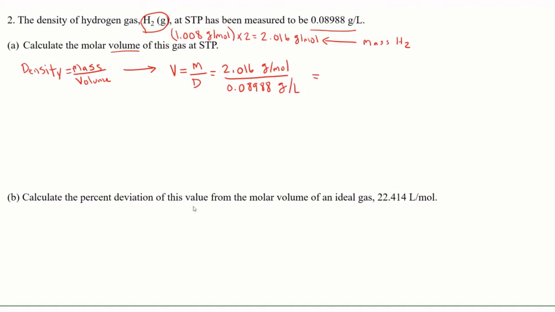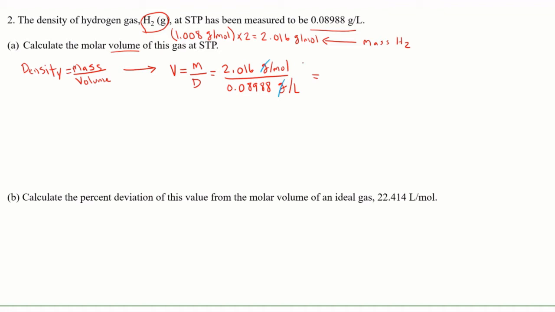Now, if we look at the units that cancel, it is grams. I have grams here, I have grams here. Okay, so the grams cancel. If I look at the other units, they don't cancel, but on top I have per mole in the numerator, and on the bottom in the denominator I have per liter.